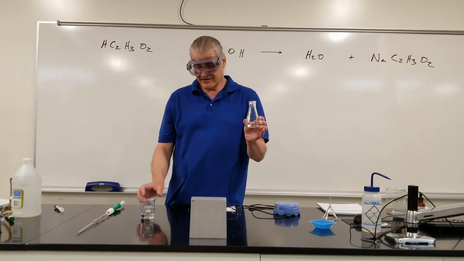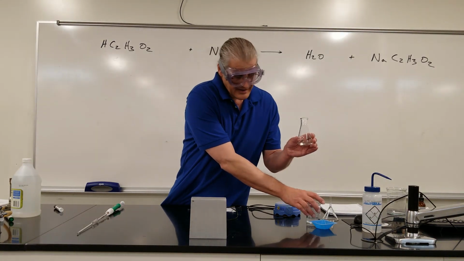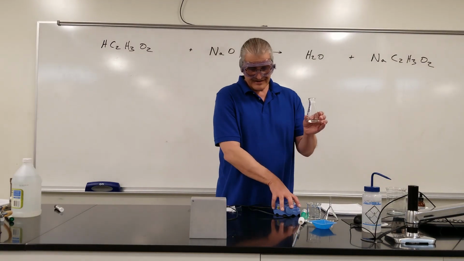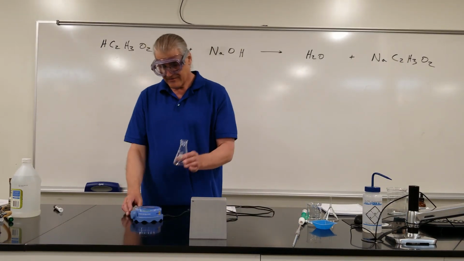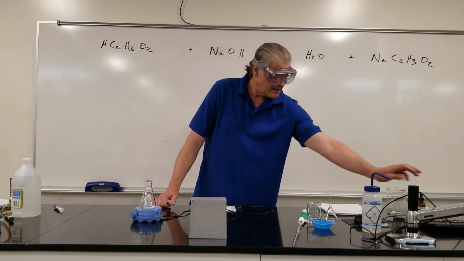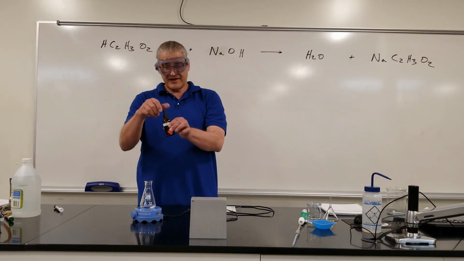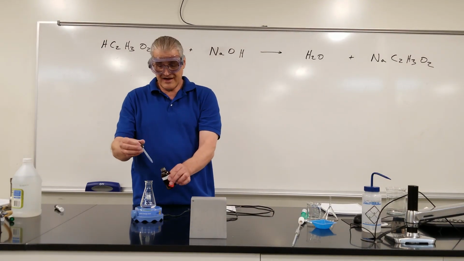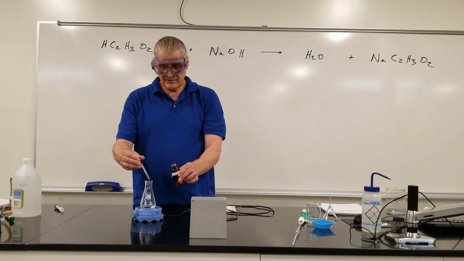Now we're going to move on to the titration part and figure out how many moles of the acetic acid are contained in there. For the titration, again, you have to add a couple drops of the phenolphthalein, so this will make the solution turn pink once all of the acid has been neutralized.